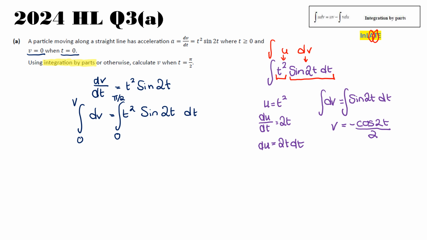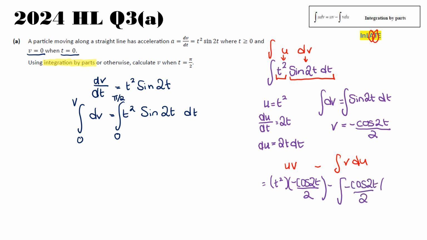Then in order for us to get an answer, we have uv minus the integral of v du. That's going to be u, which is t squared, times v, which is minus cos 2t all over 2, minus the integral of v, minus cos 2t over 2, and du is 2t dt.